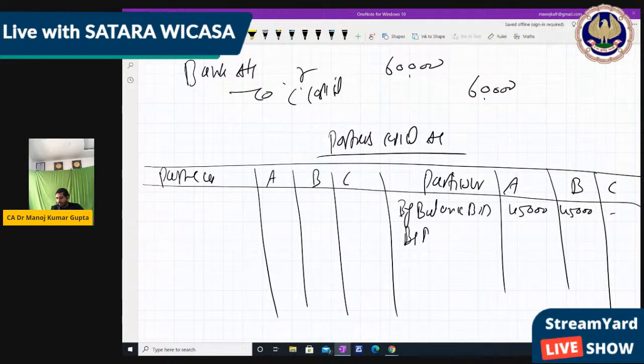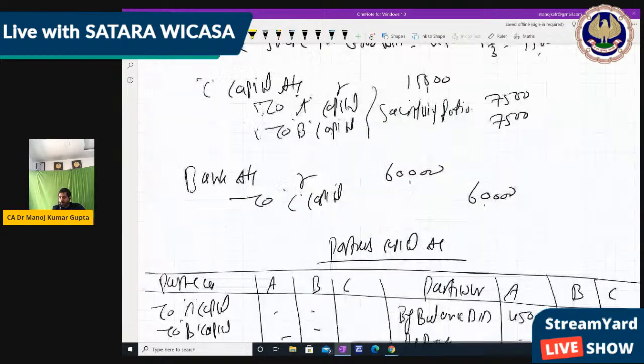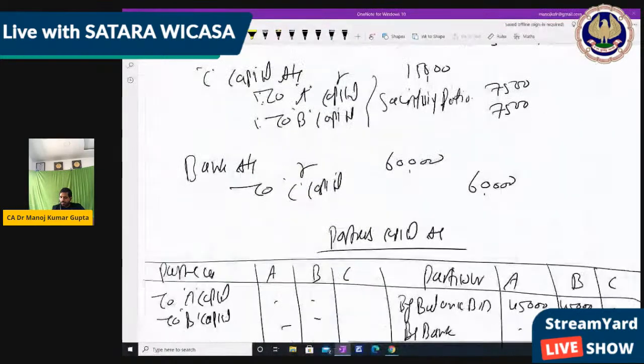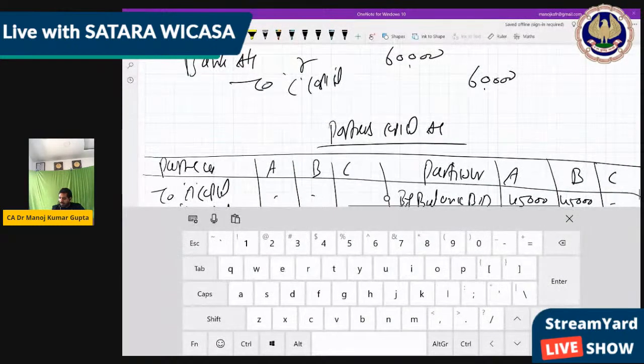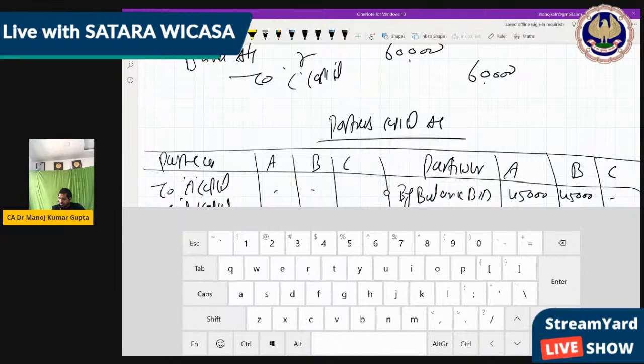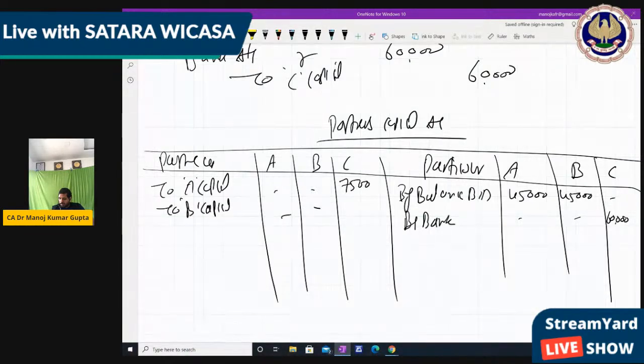Right. By bank, C brought 60,000. To A capital, to B capital, that is for goodwill, this 7,500, 7,500. By C capital, 7,500.